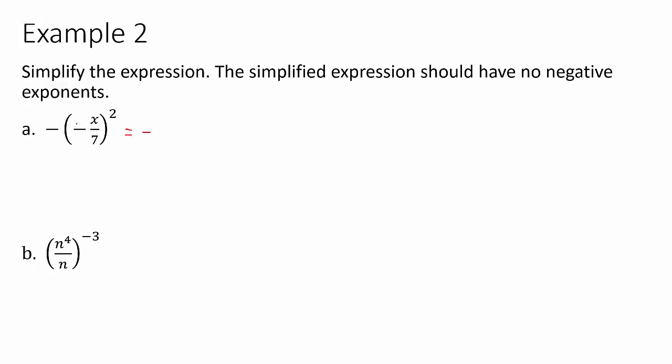And so the negative right here, if it helps to pretend like this negative is really a negative 1, negative 1 when I square it turns positive. So the negative inside is going to go away. Then I would say x needs to be squared and 7 needs to be squared. And we'll go ahead and say that this is negative x squared over 49.